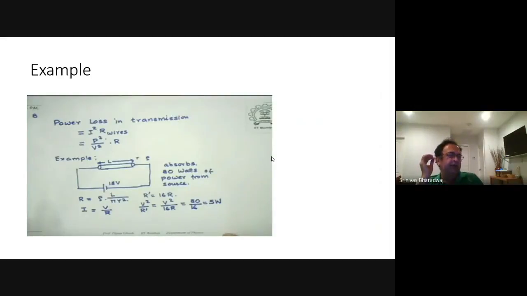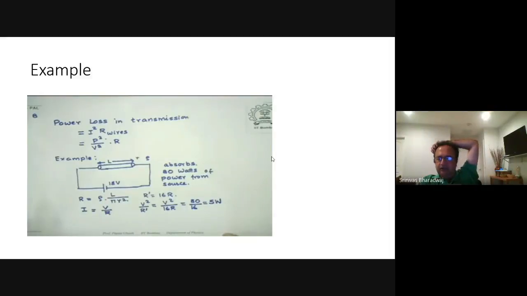If you had to supply power to someone else, how do you do it? Let's say you run a power company, and you have a power plant which generates power. Maybe you use coal, and using coal you run a thermal reactor. That reactor produces power. Now you want to supply a house which is maybe 10 miles away.